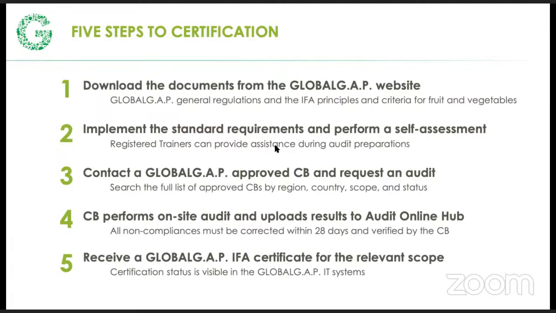Once you've acted on them, you tell them that you're in compliance. They'll verify that you're now in compliance. At that point, your certificate would go through, and they'll publish that in the Global GAP systems. And when you get that certification, it's valid for 1 year. So it'd be good for 1 year.